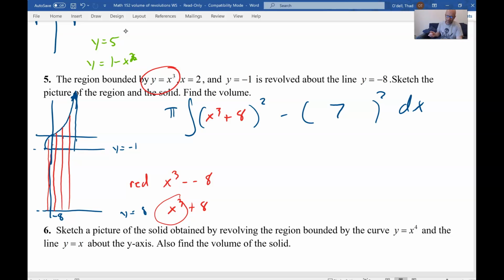Of course, it would be x equals negative 1. So we're going to go from negative 1, and this one here is x equals 2. We already know that. So that would be 2. If we integrate that, we will find the volume of this kind of prairie dog mound thing around the hole.